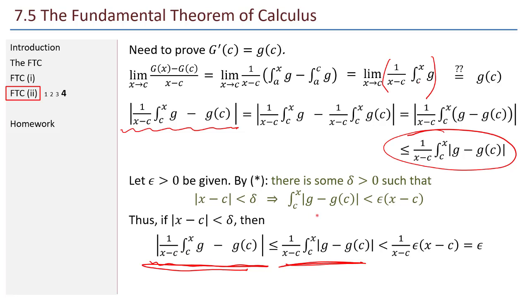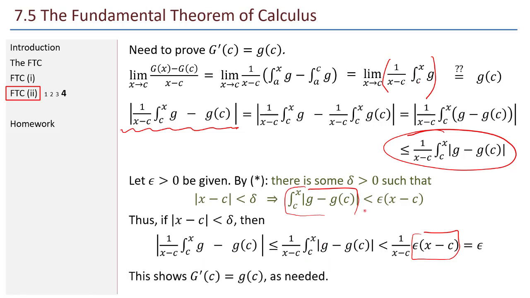But then by using the star, that integral itself will be less than epsilon times x minus c, and that product gives us epsilon. All right, and so after all of that, that is actually showing us that indeed big G prime at c equals little g of c. I've shown that this difference in the absolute values can be made arbitrarily small.